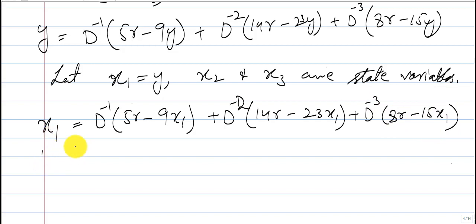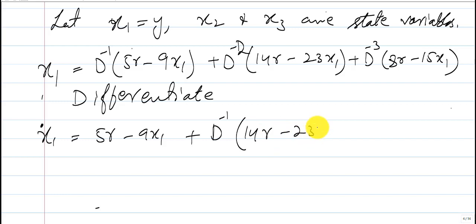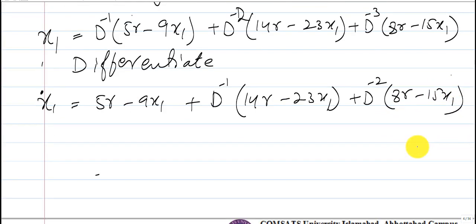Now we differentiate this equation, so we will get x1 dot equal to, with the antiderivative removed, 5r minus 9x1, plus D^-1 (14r minus 23x1) plus D^-2 (8r minus 15x1).